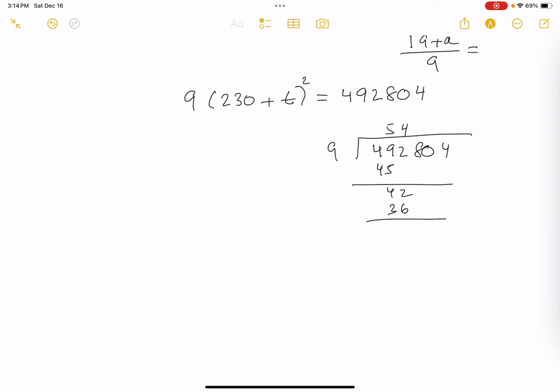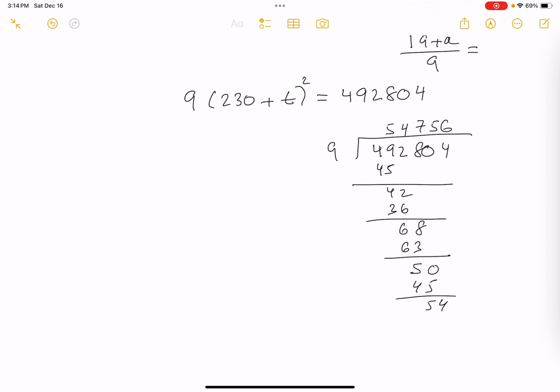You get 68. 7 times, that's 63. You get 50. I'm going to say 5, that gives you 45. And then I get 54, and that gives you 6. All right? So we got a simple equation now.